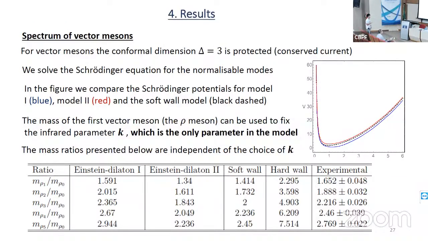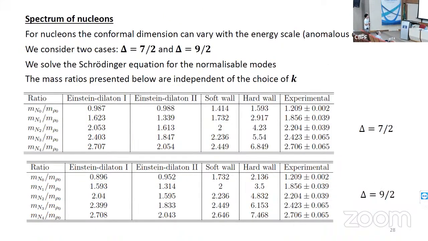So for this vector meson spectrum, we find results that somehow improve the soft wall and hard wall models, in the sense that they get closer to experimental results. And now let me show you for nucleons.